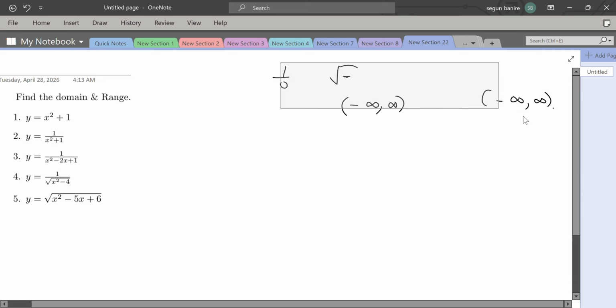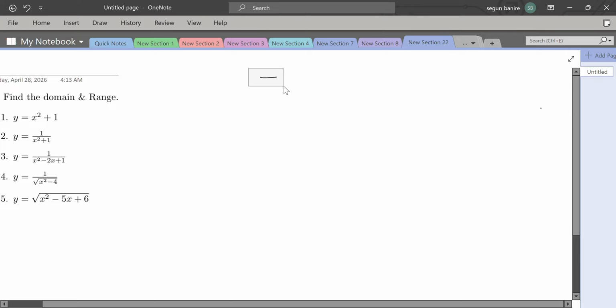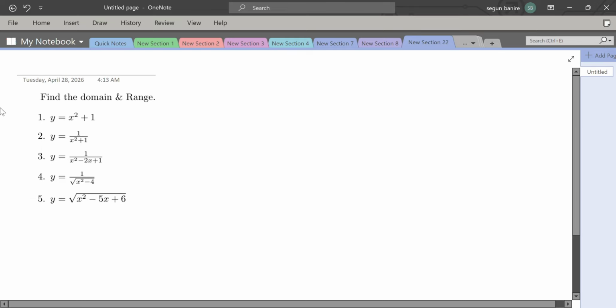So with that being said, let's look at question 1. We have y is equal to s squared plus 1. So what is the domain? Just ask yourself, what are the possible values s can assume on the real line?